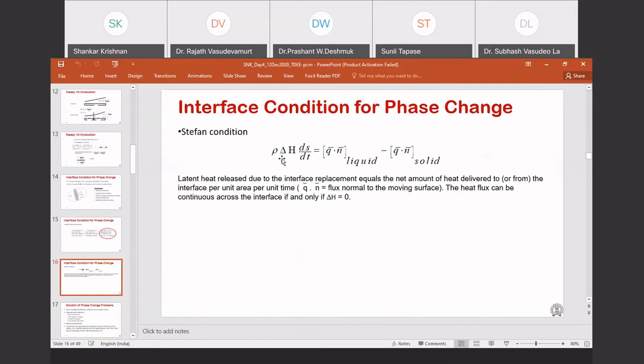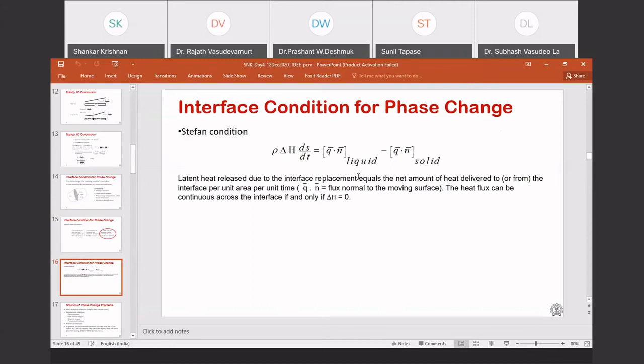Rho is the density of the material, delta H is the latent heat, and S is the location of that interface because it is moving, so rho delta H ds by dt should be equal to the flux in the liquid minus flux in the solid. This condition is equally valid whether it is melting or solidifying, as long as the material is assumed to be pure material, that is, it is melting at a constant temperature.